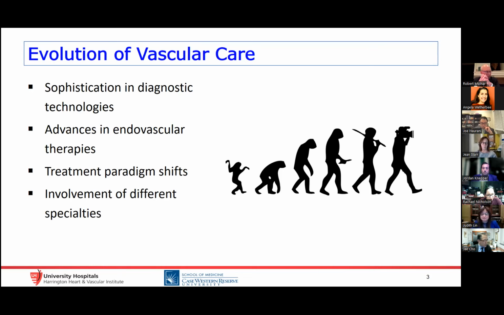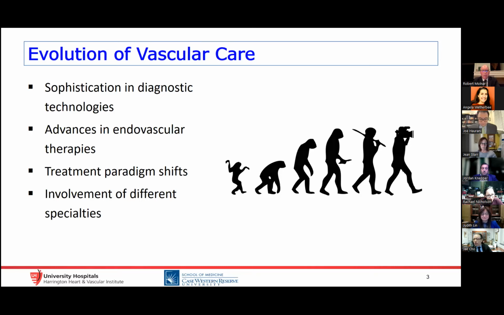Nephrologists are performing dialysis access related interventions, just to name a few. As a result, there is now much more overlap in the capabilities and the services offered and provided by each specialty, hence the multidisciplinary team approach.